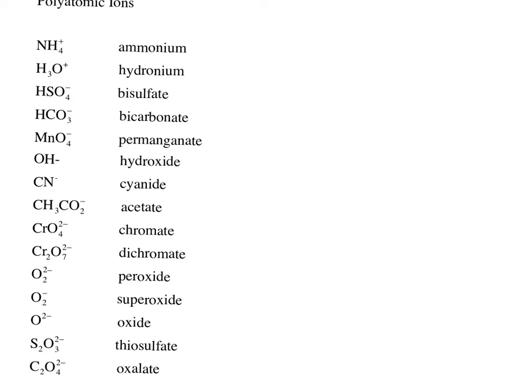Now I mentioned that oxygen normally is -2. Here are the two less common forms of oxygen. And if you have sodium oxide, that's going to be oxygen behaving normally.